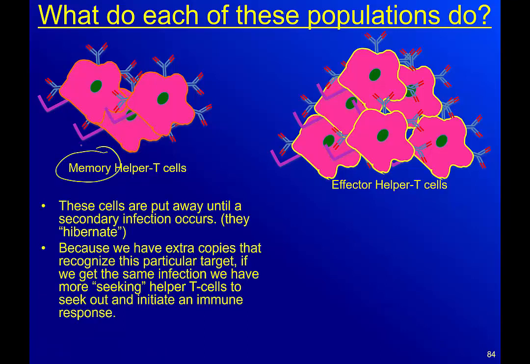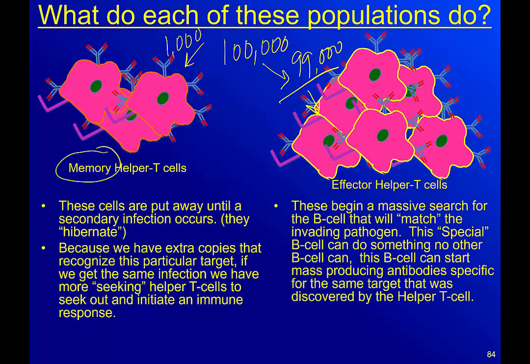They're put away. Pretty much, let's say I make 100,000 cells in grand total. 99,000 will become effector helper T cells and 1,000 will get put away till later.